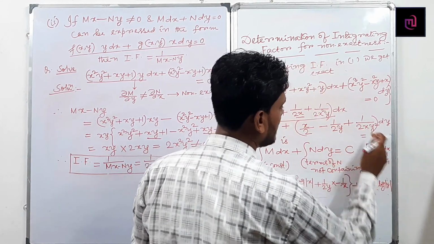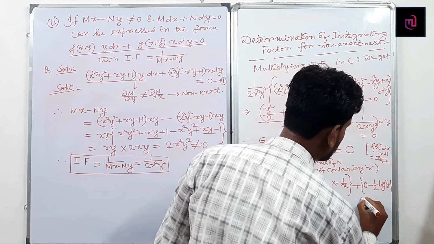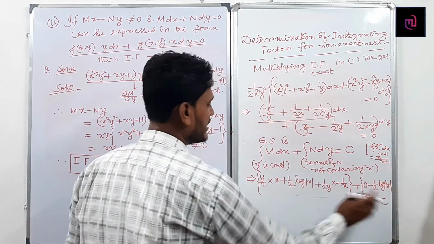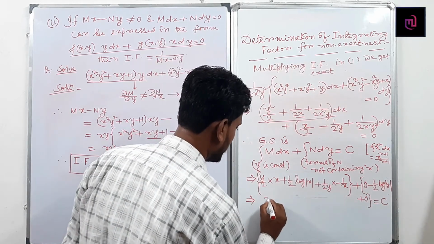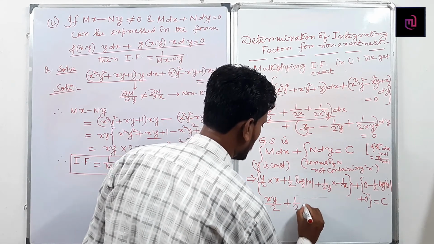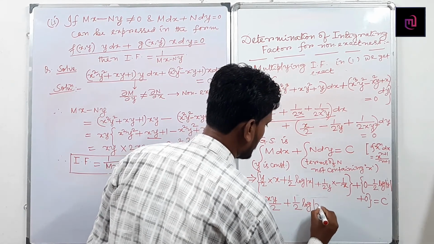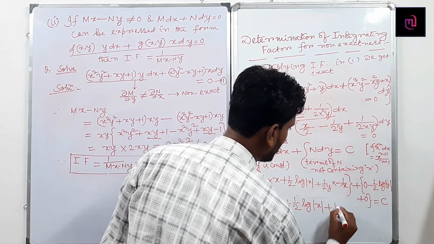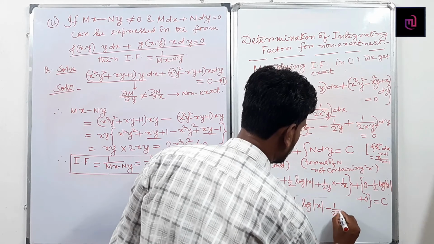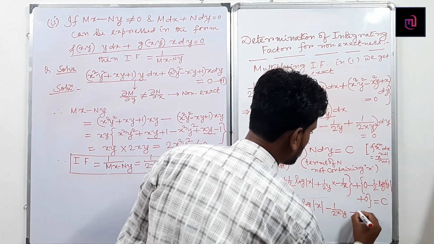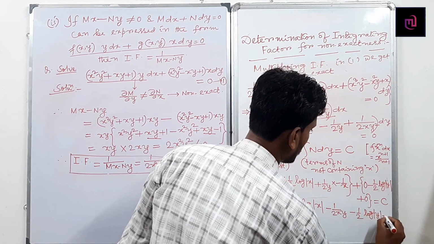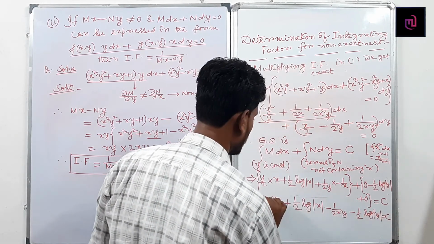Then finally we get xy by 2 plus half log of mod x minus 1 by 2xy minus half log of mod y equals some arbitrary constant.